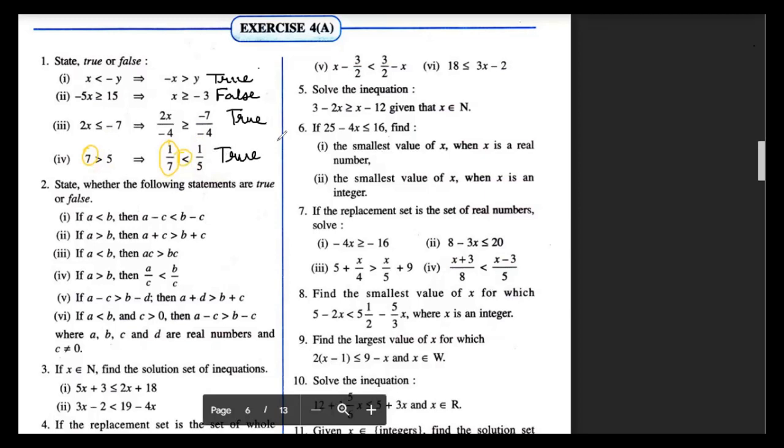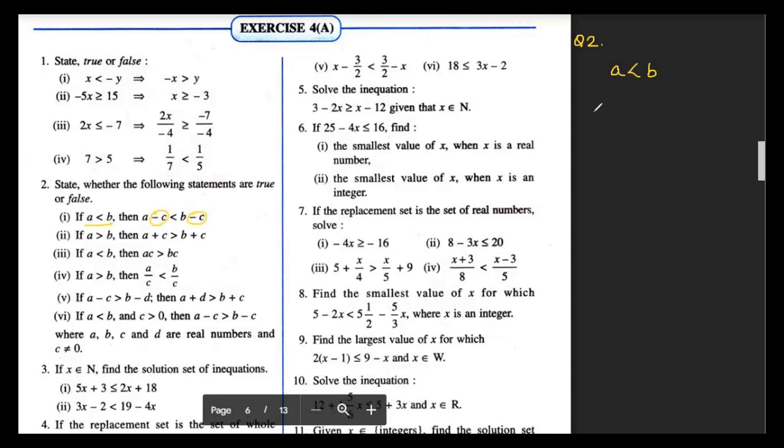Very, very simple. Coming to question number 2. Question number 2 पर आते हैं. State whether the following statements are true or false. Once again, true or false. A less than B. And if you see the next step, what have they done? They have subtracted the same number on both sides.